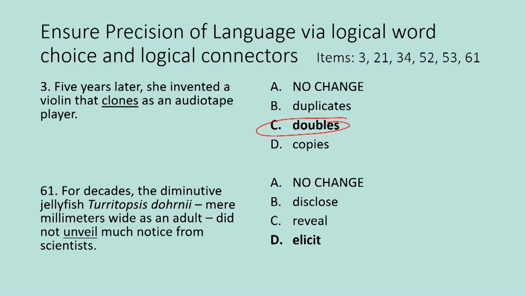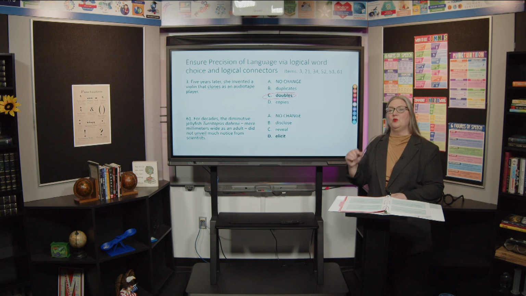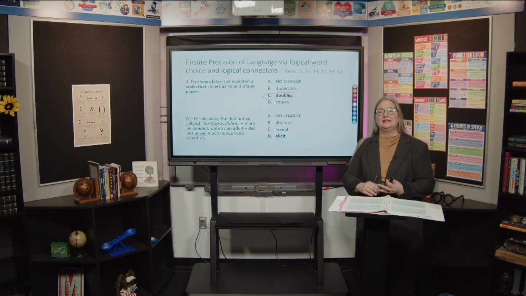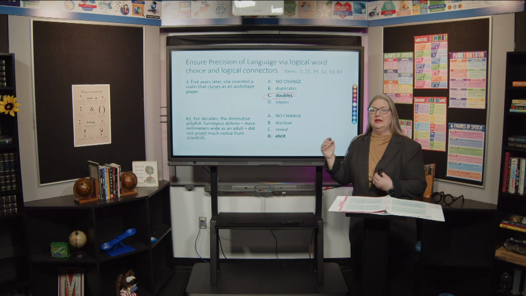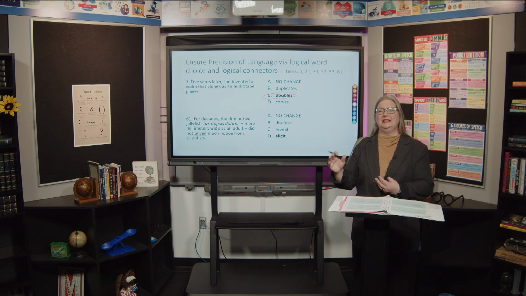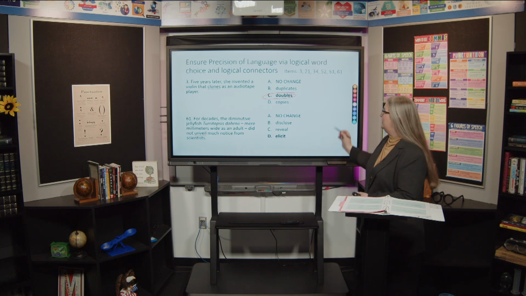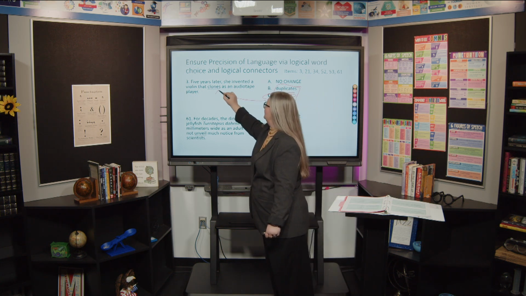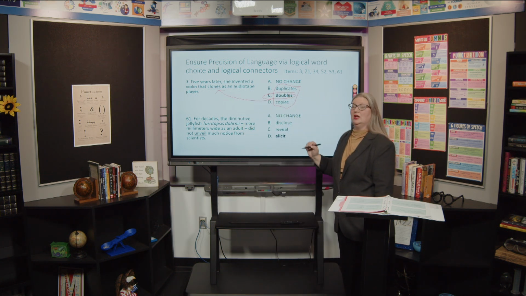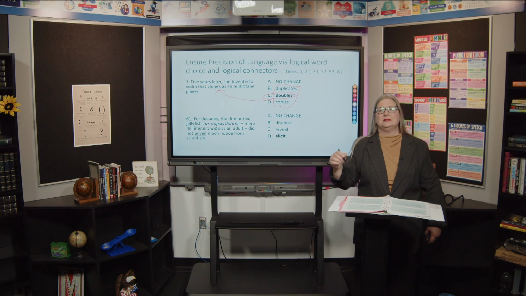It doubles as both an audio tape player and a violin. So it does both. And so the word clone is not the most effective word choice here, but also it doesn't copy, because a copy isn't really the best word choice. Now, all three of these words can be synonyms of the word clones, but they're not the best choice.